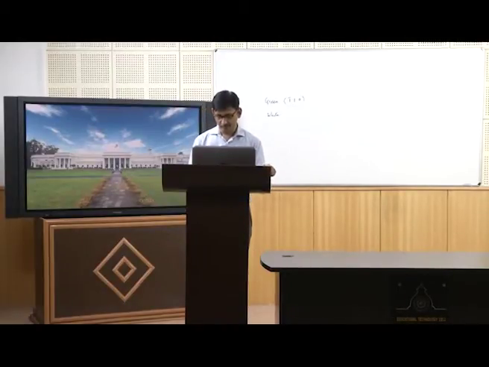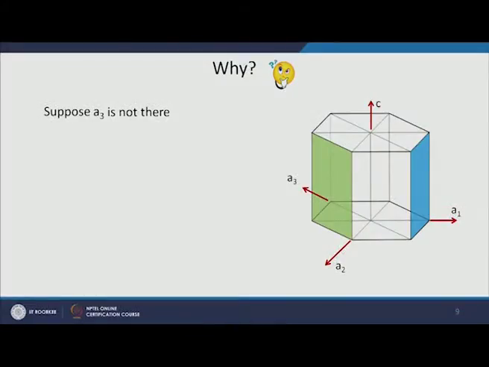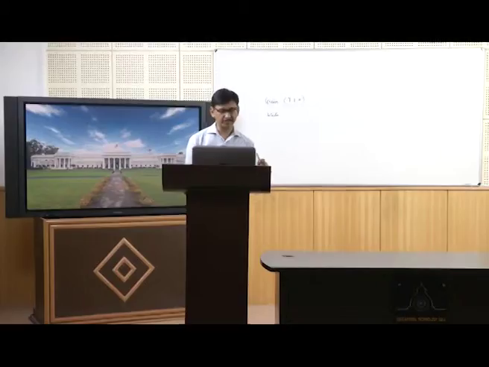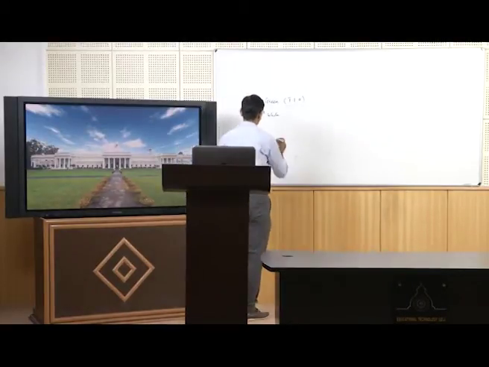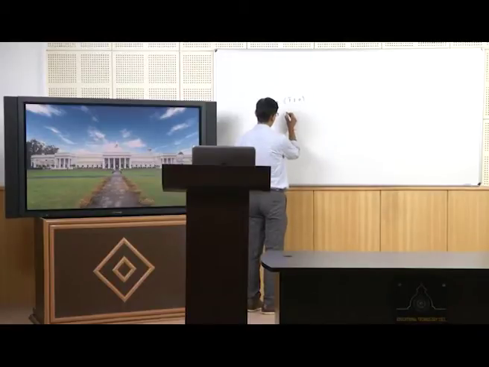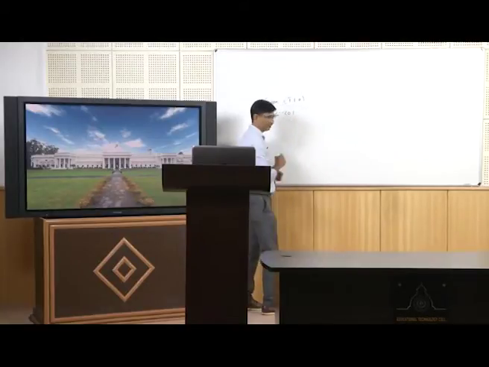If you see this plane, it is parallel to the A1 direction and it is cutting the A2 at this particular point, at 1 unit distance from the origin. So, now the indexing for this particular plane will be, it is parallel to A1 direction, cutting A2 at 1 and it is parallel to the C direction also.